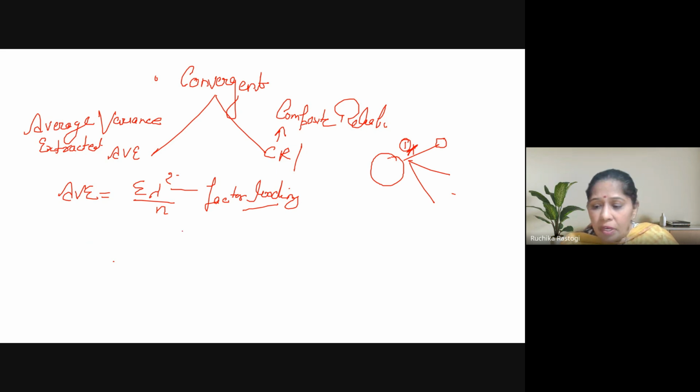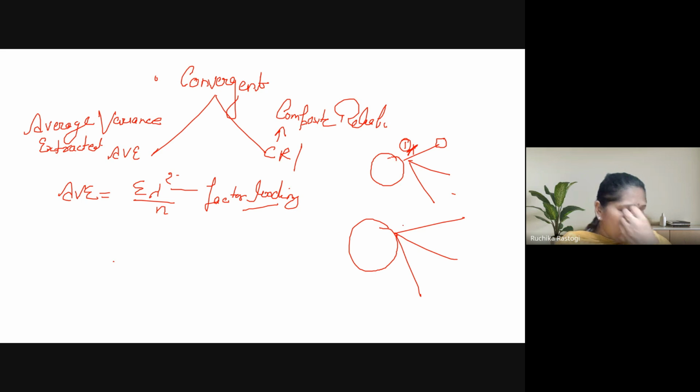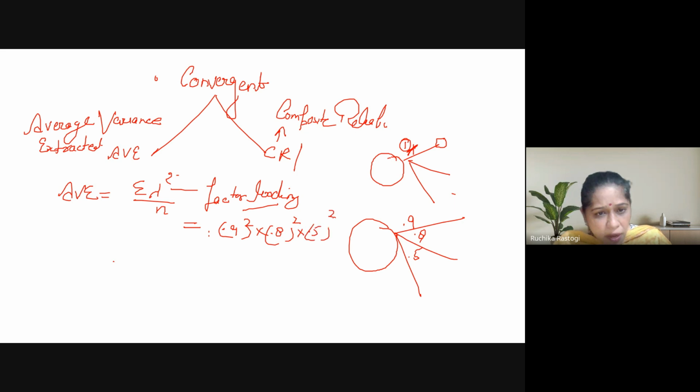For example, if this is the construct, and the software generates some factor loadings, like 0.9, 0.8 and 0.5, what will be the value of AVE? Sigma lambda square means 0.9 square plus 0.8 square plus 0.5 square.